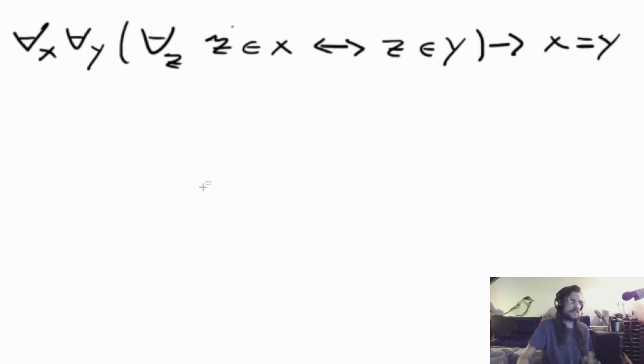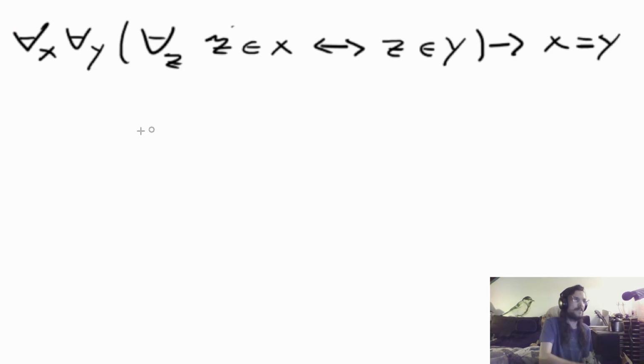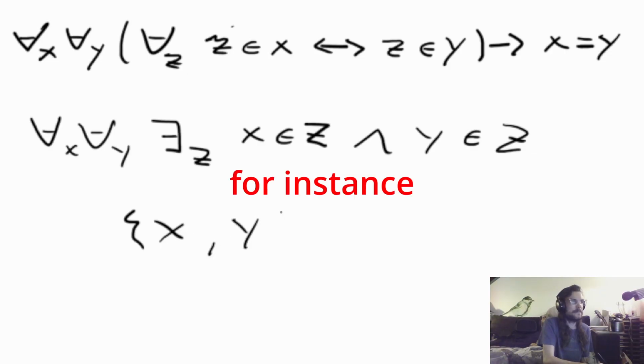So the fourth axiom defines what it means to take the union of a set. Oh no, this is not a union, but this axiom says that if you have two objects, any objects, so for all x, all y, then you can always construct a set Z for which x is an element in Z and y is an element in Z. Z is just the set containing x and y.